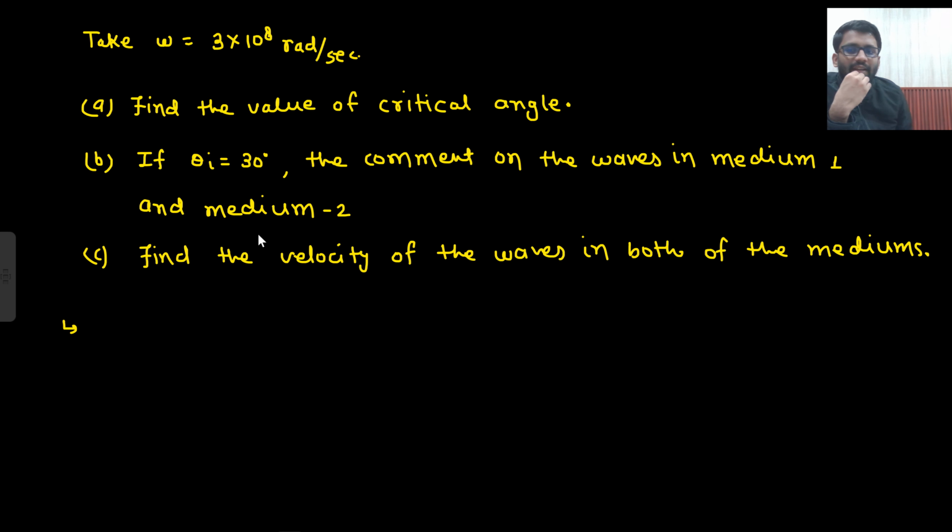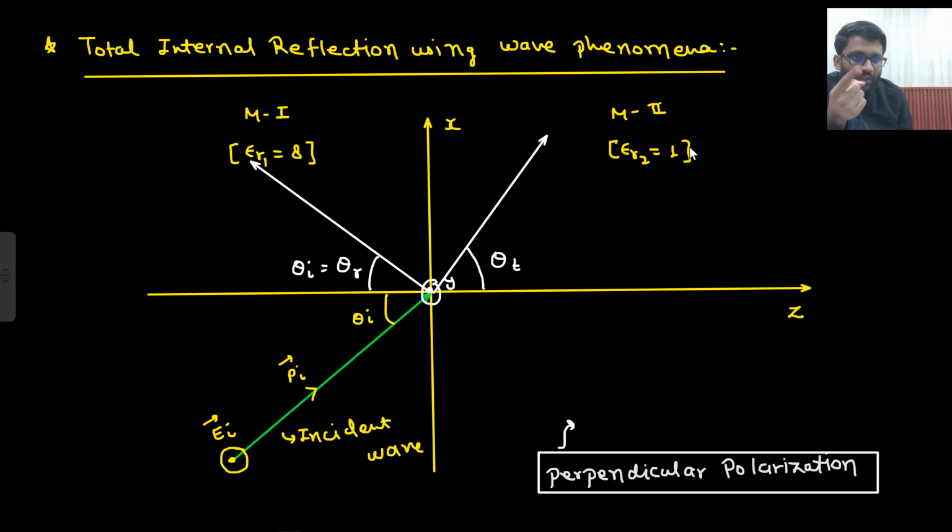Now what all questions are we asking? The first question: you need to take omega equals 3 into 10 to the power 8 radian, and find the value of critical angle. So can you write down the value of critical angle? Certainly I can. In the last lecture we have studied it, right? Critical angle is under root epsilon r2 divided by under root epsilon r1.